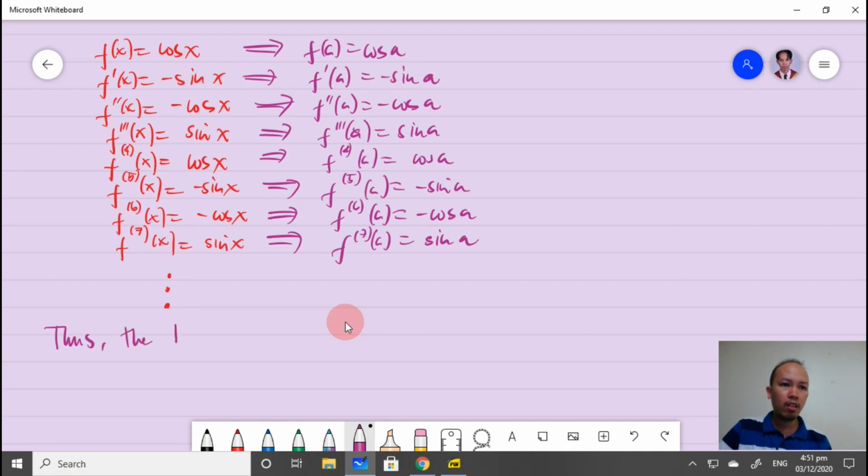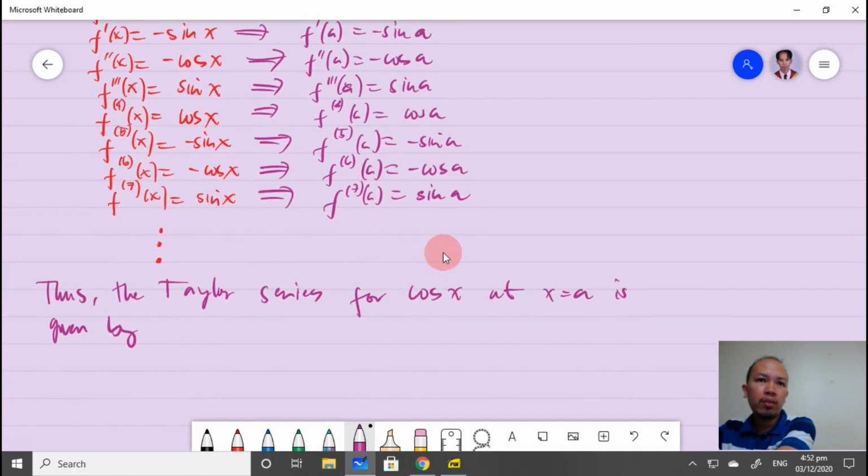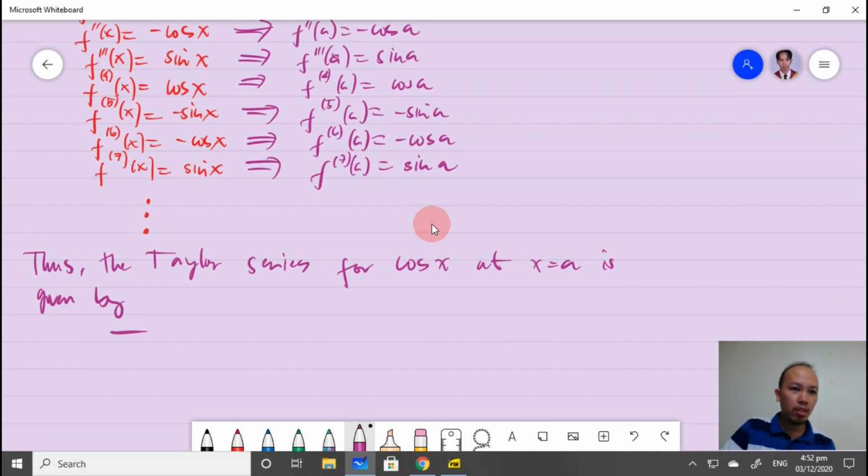Thus the Taylor series for cosine x at x is equal to a is given by the summation of, what's the formula, I guess this is the formula, over n factorial, n starts from 0 to positive infinity, of x minus a. Sorry, maybe I made a mistake.